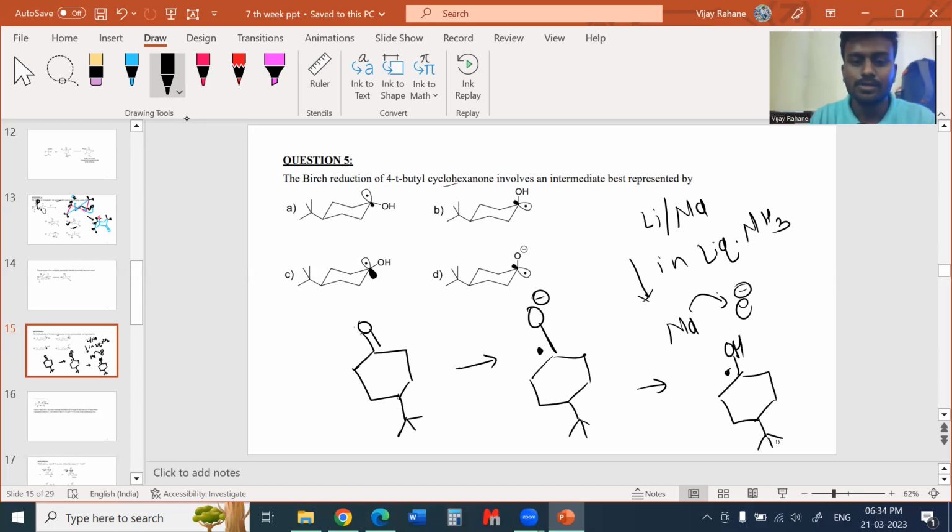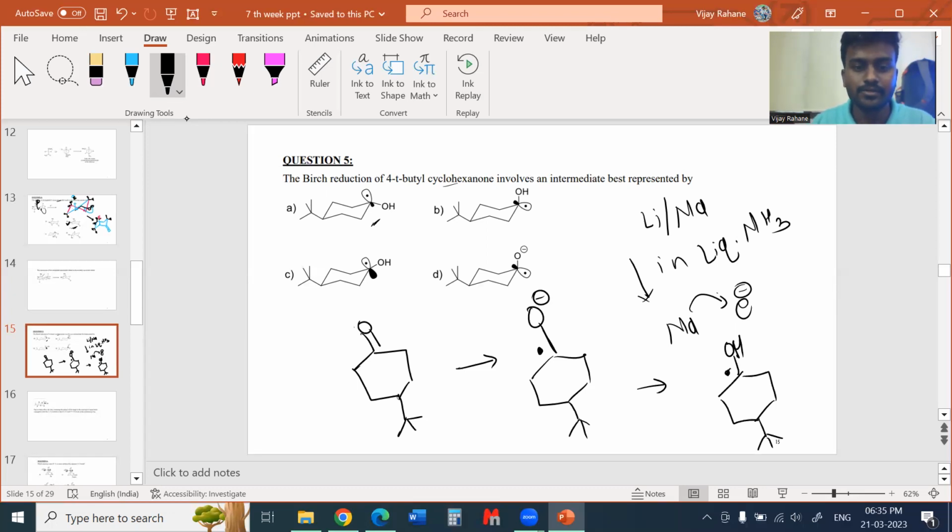Now in this radical form, we need to show in which form this radical is present, like option A, B, C, or D. In all the options you can see they have shown the radical in different positions.